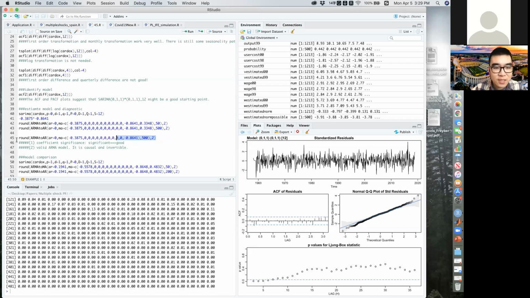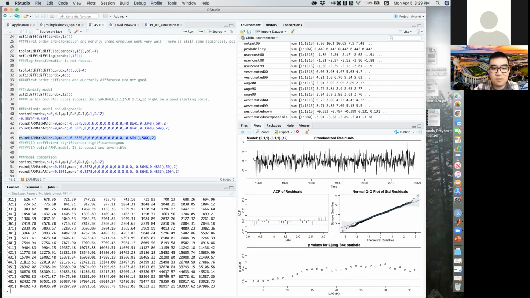I put this command here just to show you that if you do not have this lag 13, you will find this is not a valid ARMA model. If you only put the MA1 coefficient and MA12 coefficient here and forget about this MA13 coefficient, you will find it is not a convergent model.